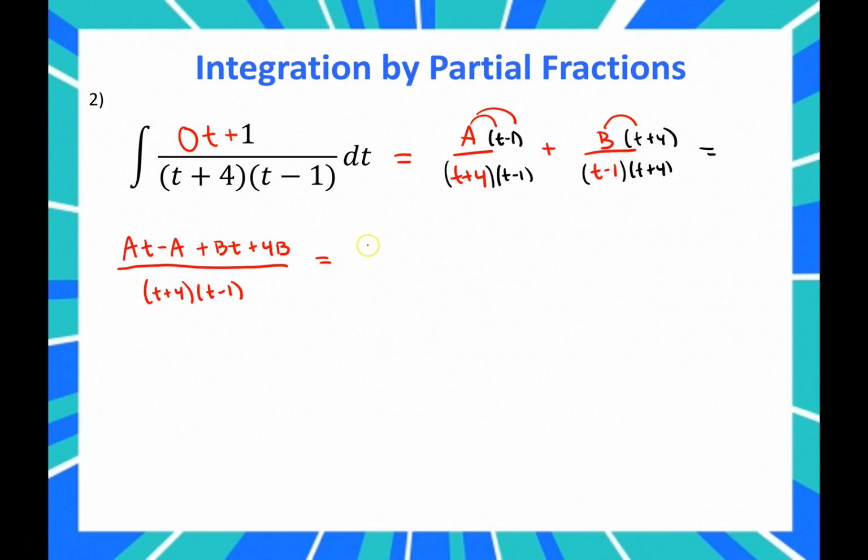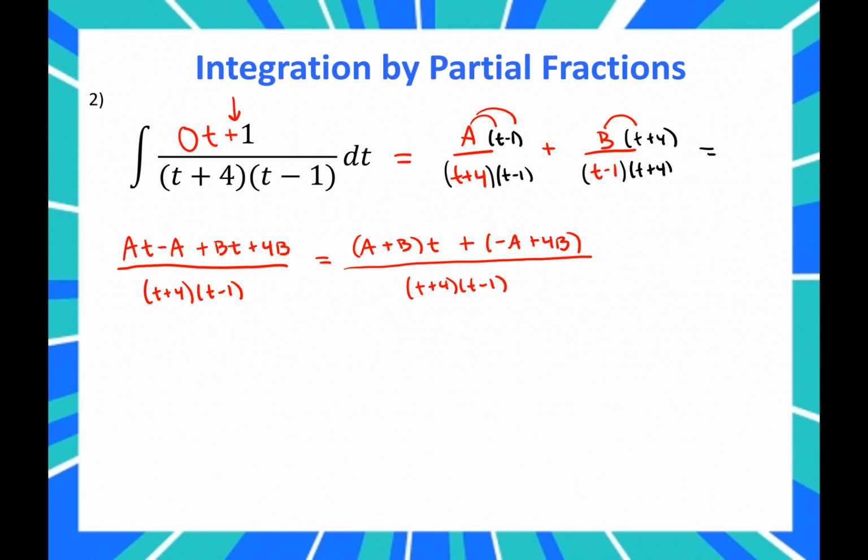So I'm going to put my t's first. That's going to be a plus b in parentheses, t. I'm going to copy this plus, and then I'm going to have a negative a plus 4b. And that's going to have my same denominator. There we go.